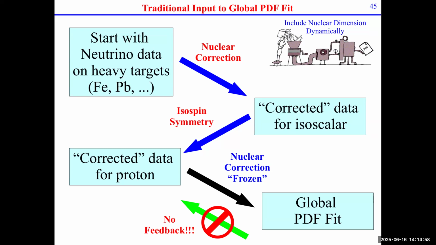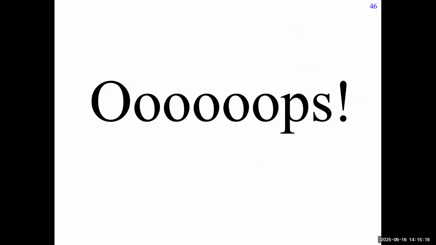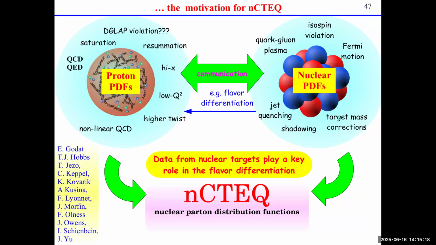So you've got iron and lead, a very heavy target, and you want to correct it for isoscalar, correct it back to proton, and then you put that in your global fit. And again, when we first did this, we sort of took this curve as absolute and didn't modify it, but that's not quite correct. You have to have interchange or communication between the two.